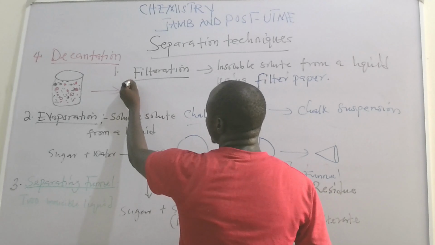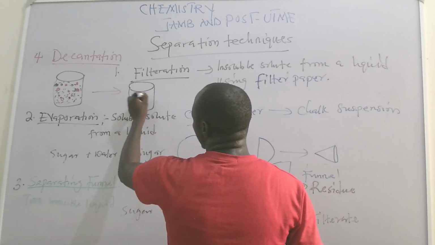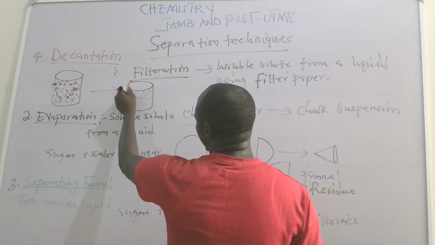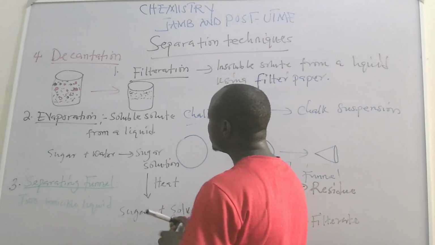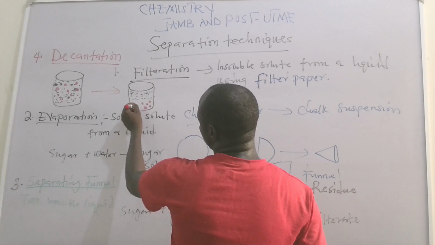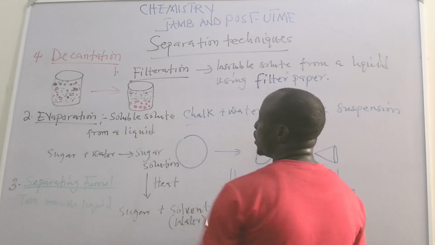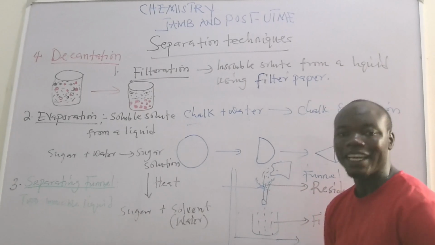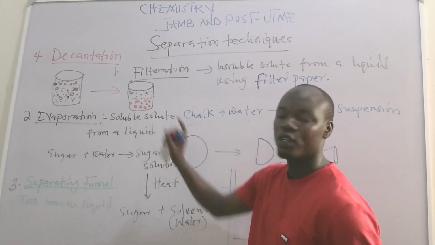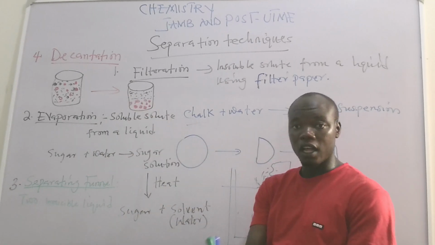What will happen is that at the end, the water, which is less dense, will be at the top, and your mud will settle down because it is much denser. Then you decant the water, and you are left with the mud, which is the heavier one at the bottom.